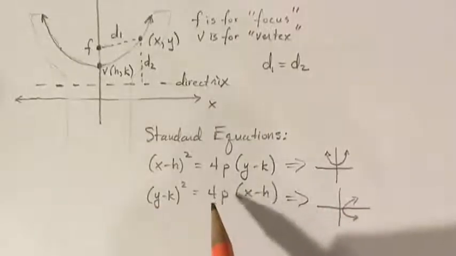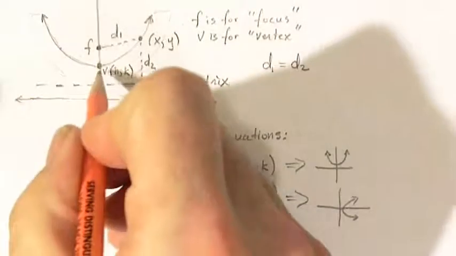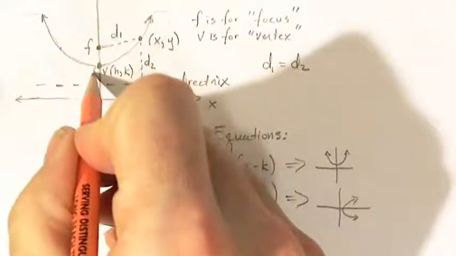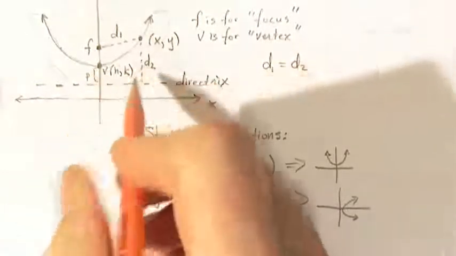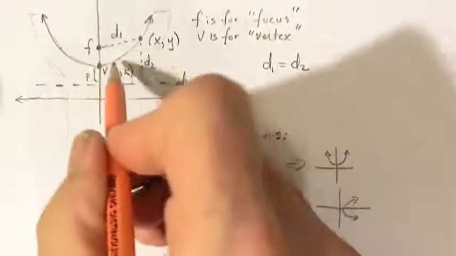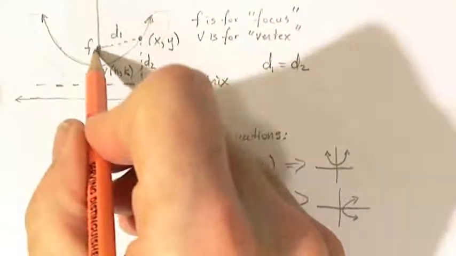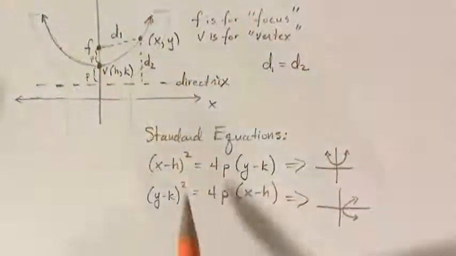Okay, I know what you're asking. What's the p? Okay, the p is this distance right here. This is p, the distance from the directrix to the vertex, and then it's also right here. This is also p.